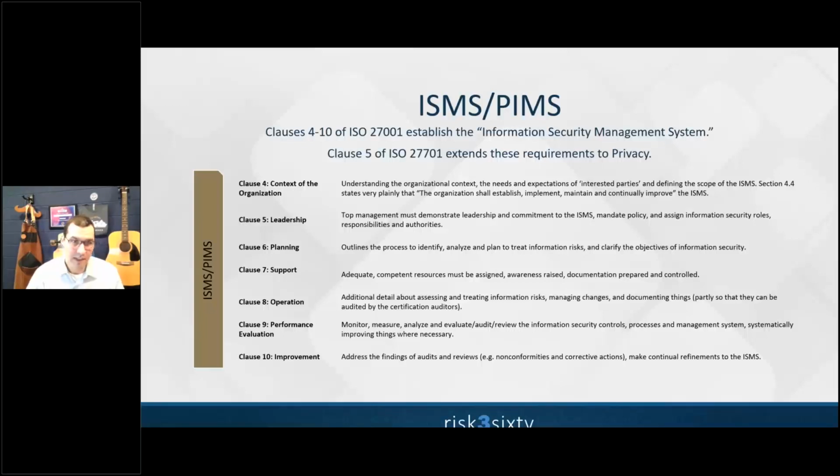We call it here ISMS/PIMS. Almost all companies that we're working with are combining these into what they call an integrated management system, or IMS.